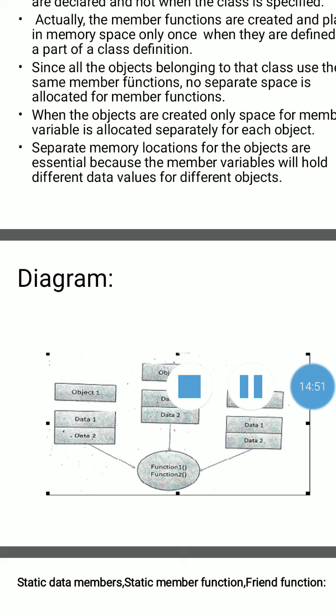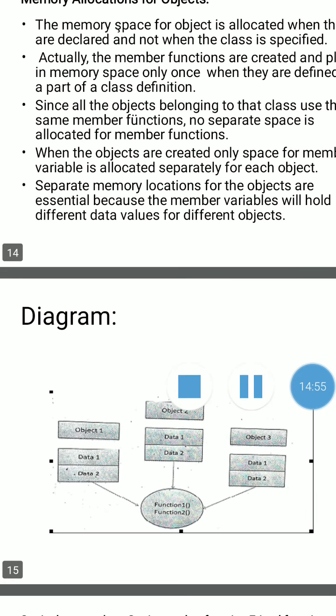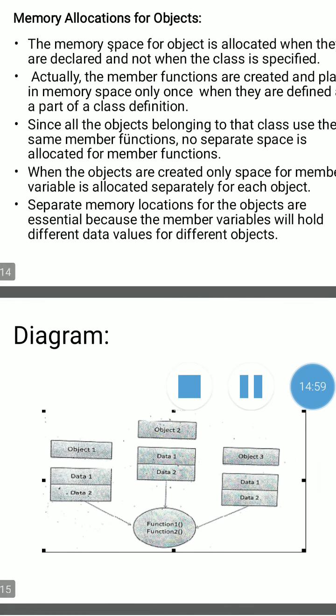For object 2, get data performs the same operation. For object 3, get data performs the same operation. So we do not create separate memory for functions. Memory for the functions of the class is created only one time, not for every object.